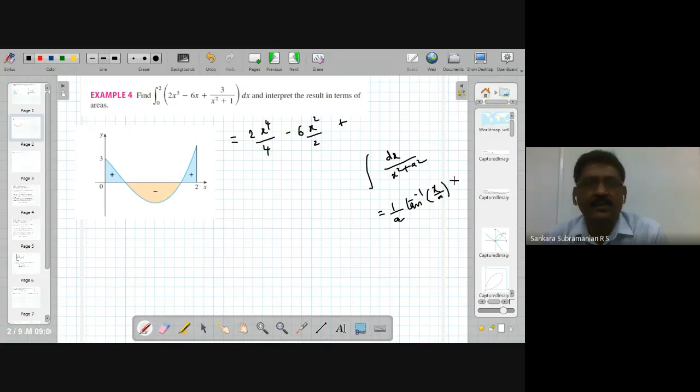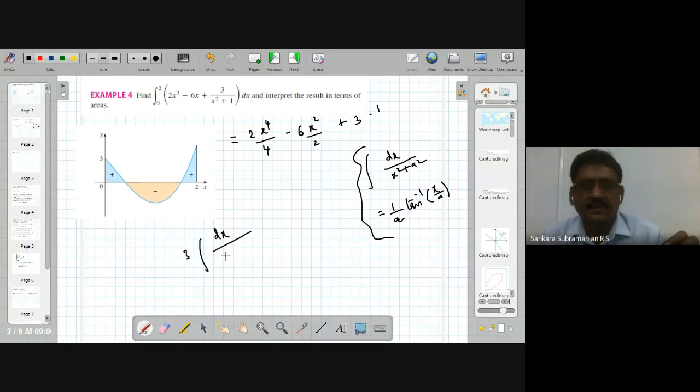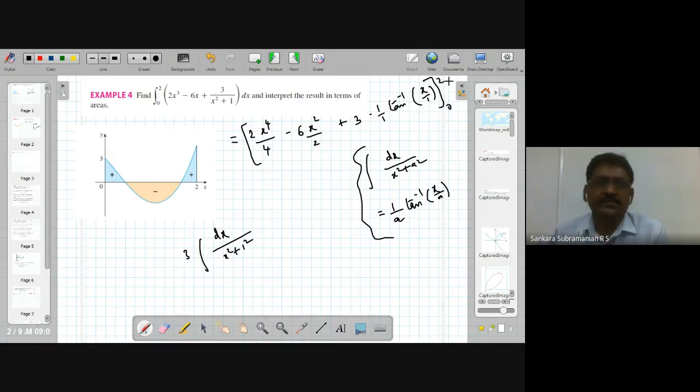This is the formula, and you have to know that. So here if I take 3 out, 1 can be written as 1 square. This is dx by x square plus 1 square. So 1 by a is 1, and tan inverse x by a, x by 1. And these are all taken over the limits 0 to 2.